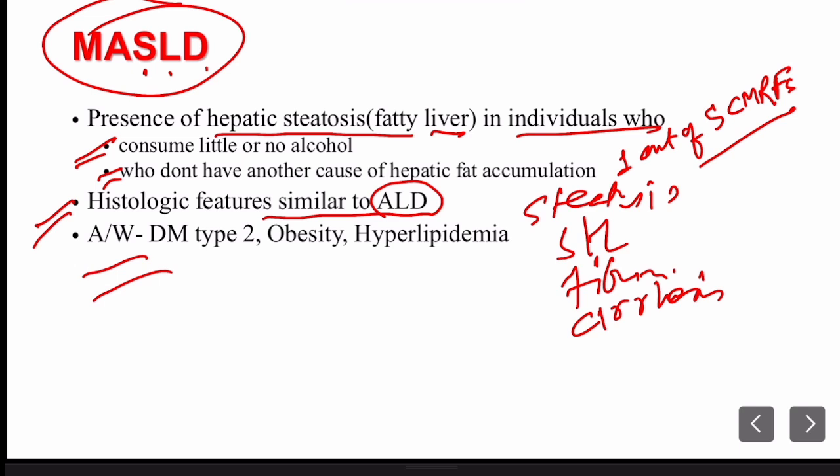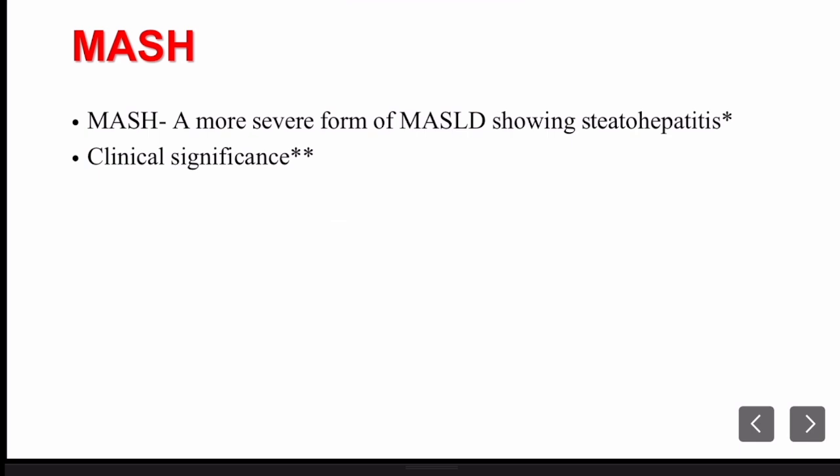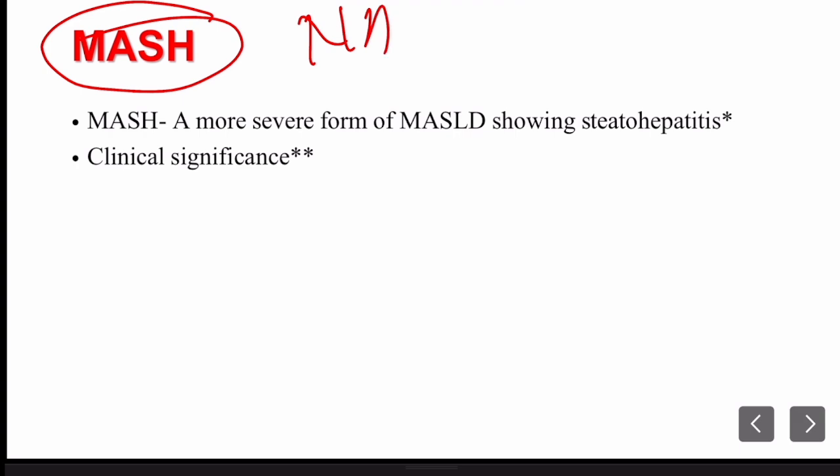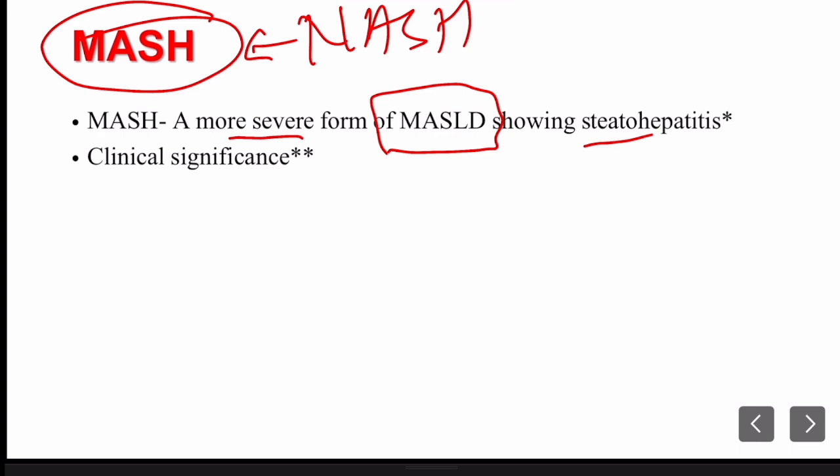Now MASLD, as this new name suggests, is associated with metabolic disorders like diabetes mellitus type 2, obesity, hyperlipidemia, and it has a strong association with insulin resistance. Next is MASH. So earlier it was called NASH, and it is a more severe form of MASLD, which is showing steatohepatitis.